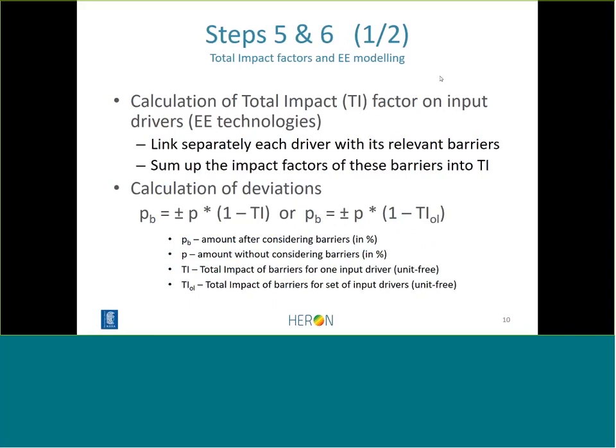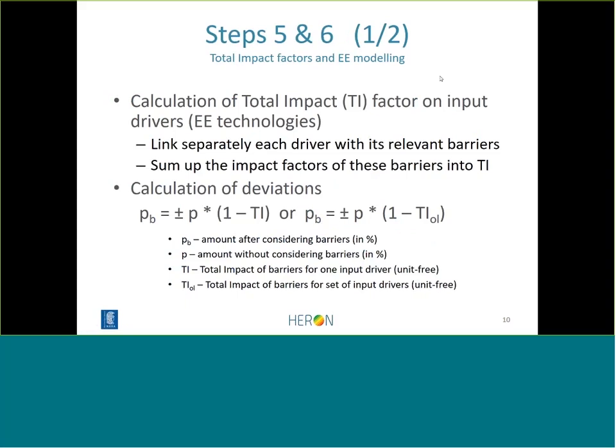We calculated the total impact factor by linking each driver with its relevant barriers, the barriers that are responsible for not proceeding with its penetration if it's a technology, or for not achieving the specific target, and we summed up these impact factors and finally calculated the total impact.